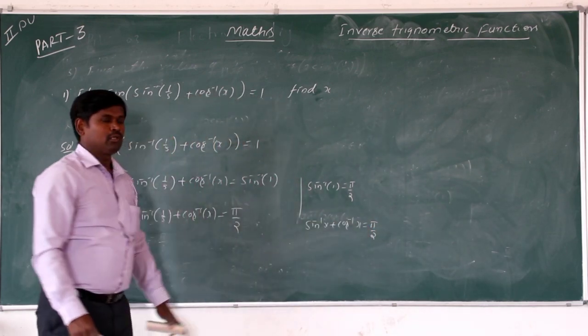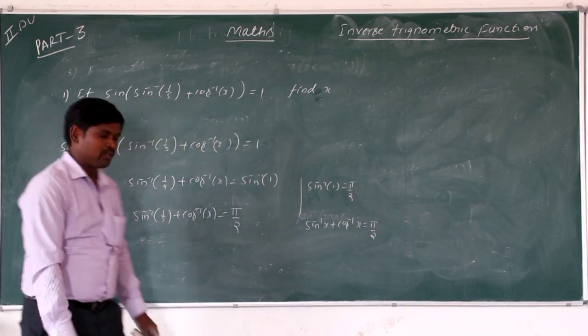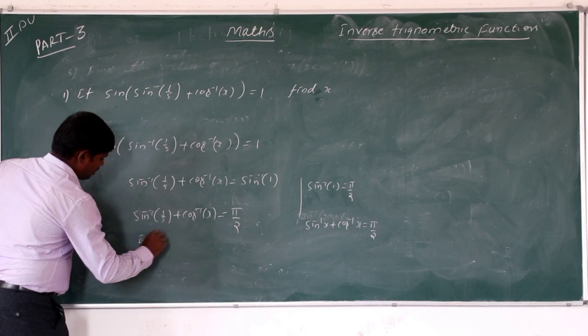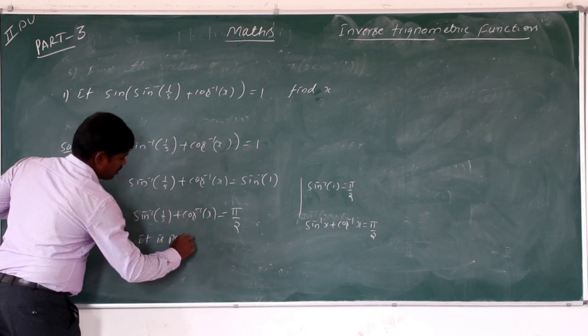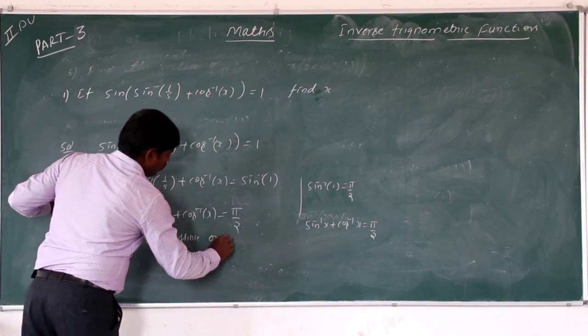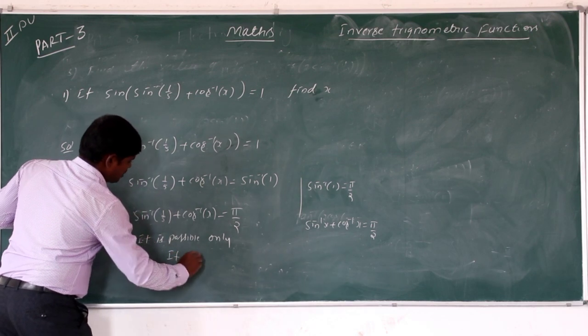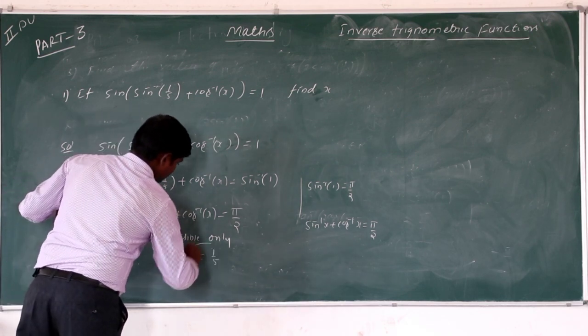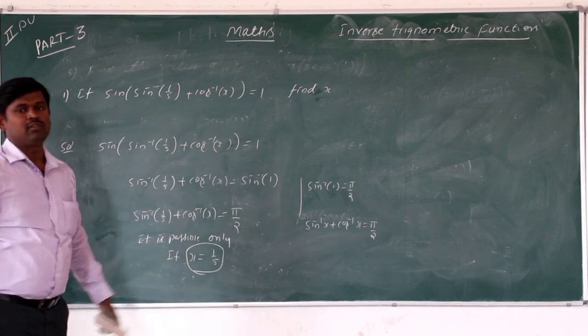If both the values are the same, then only its value is pi by 2. So that is the value of x.